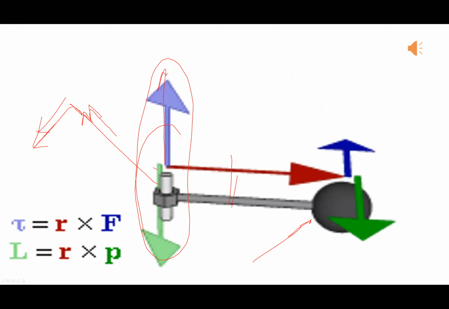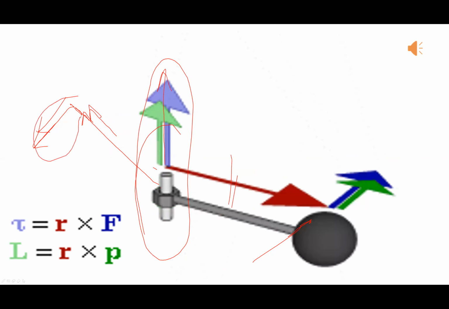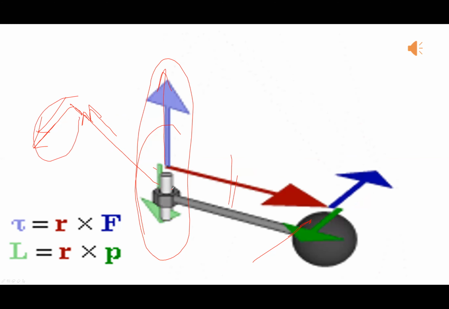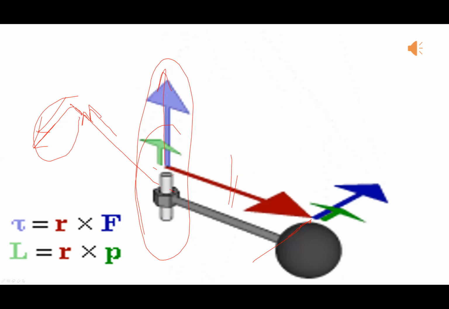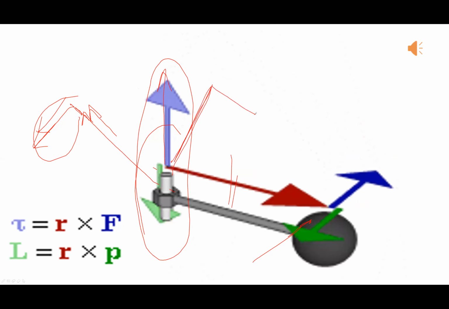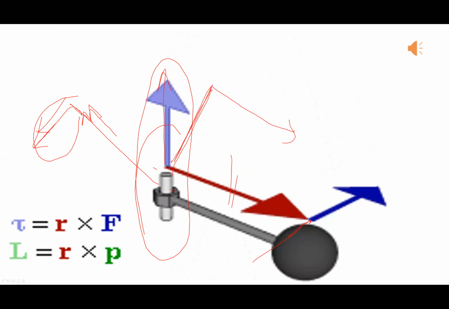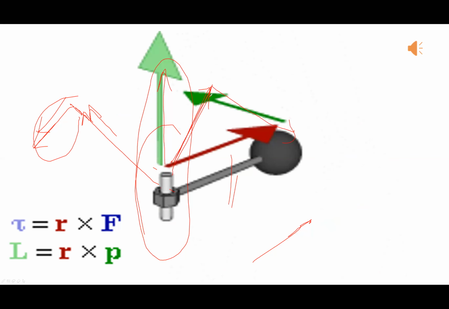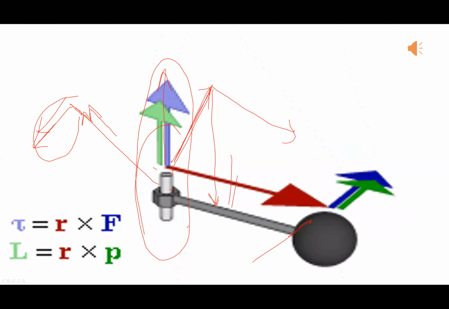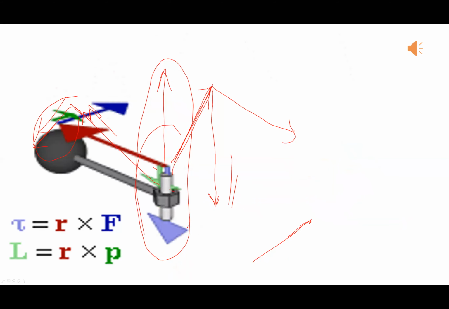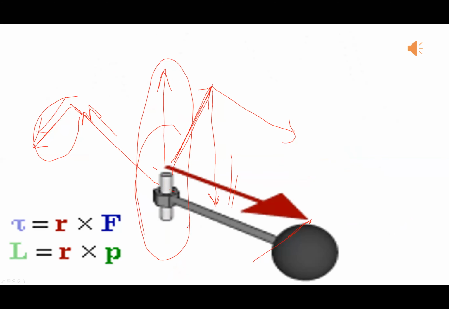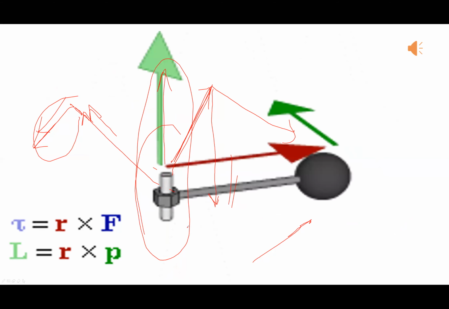But when you reverse the direction here, the force is in this direction, and the torque will be in the downward direction. This shows that when you reverse the direction of rotation, the direction of torque will also be reversed.